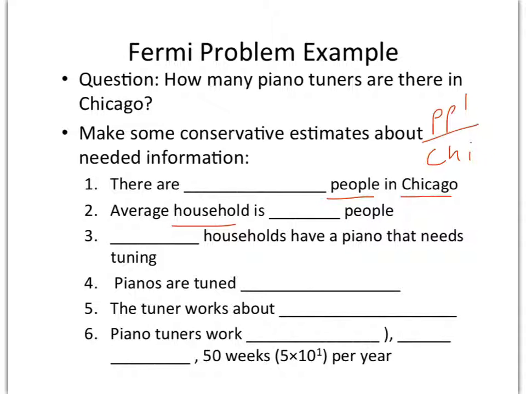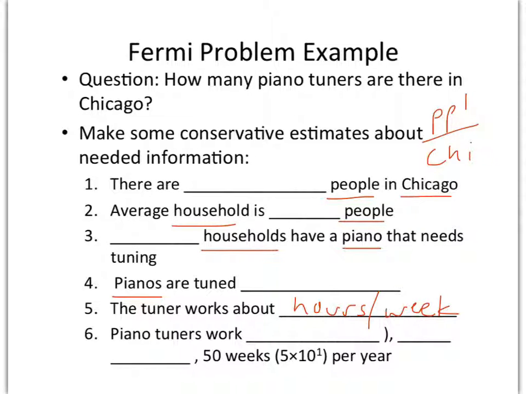We've got households to people, households to pianos, how often pianos are tuned time-wise. This is the number of hours per week, a certain number of hours per week and a certain number of weeks per year.